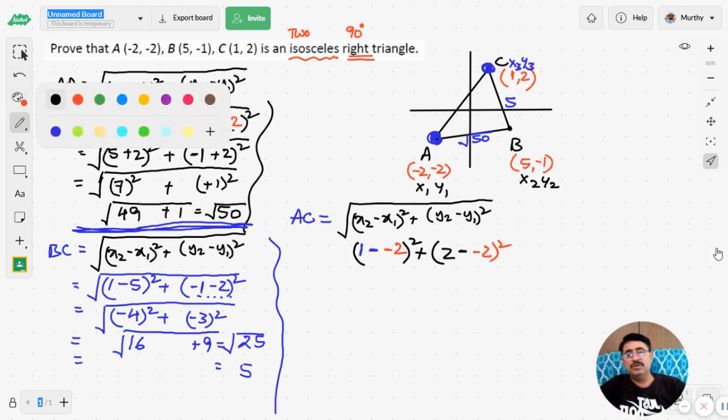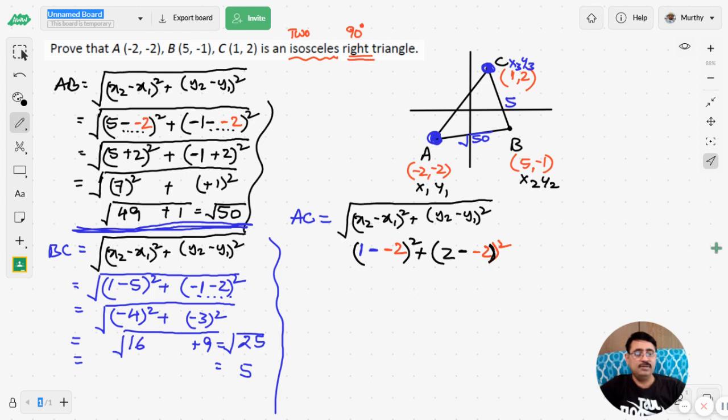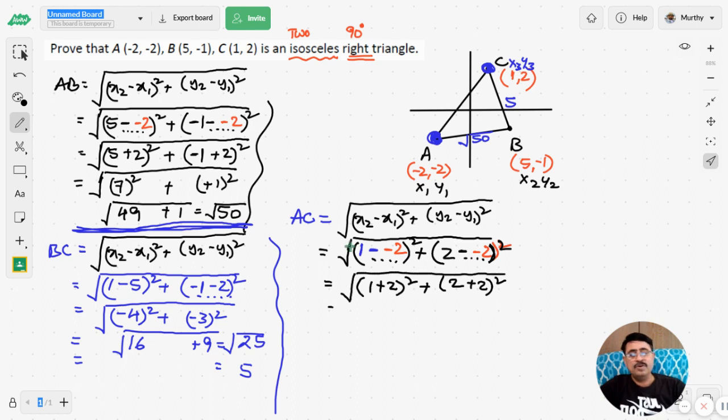So let me take the square root symbol. Then negative of negative, you get positive, then 2, negative of negative, positive 2 square. So 1 plus 2, 3 square. 2 plus 2, 4 square. 3 square gives me 9. 4 square gives me 16.